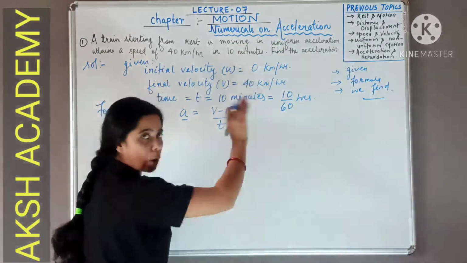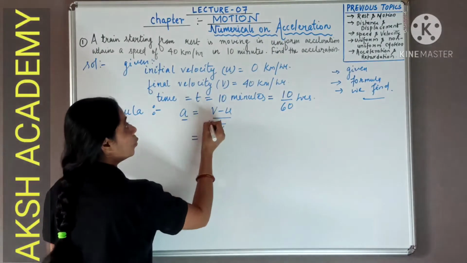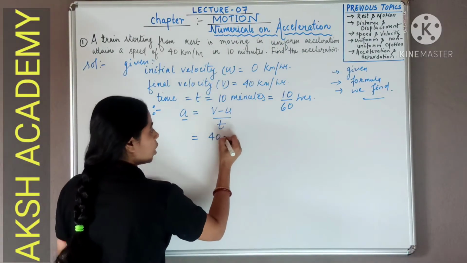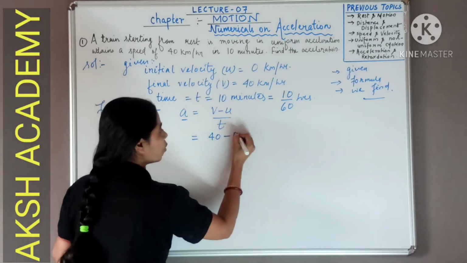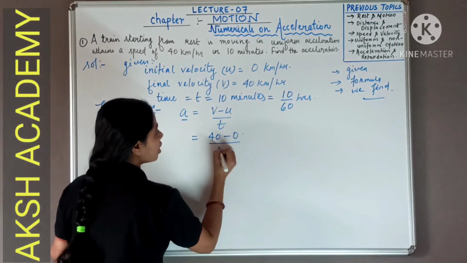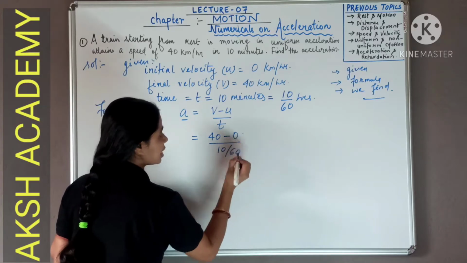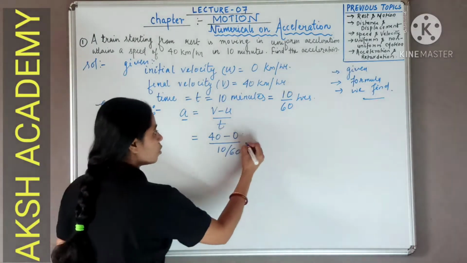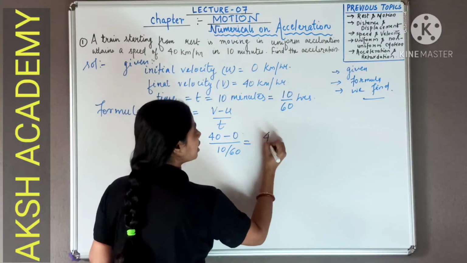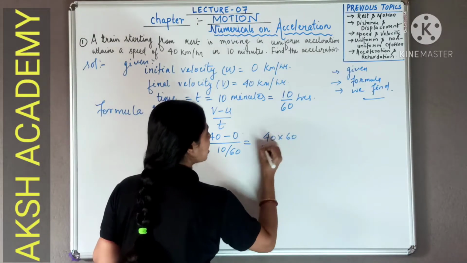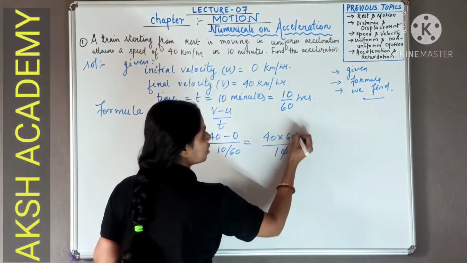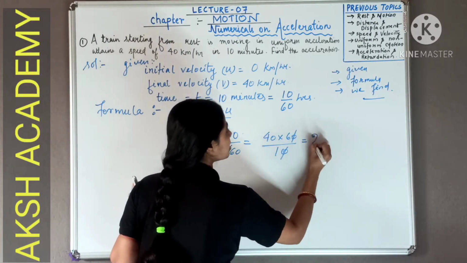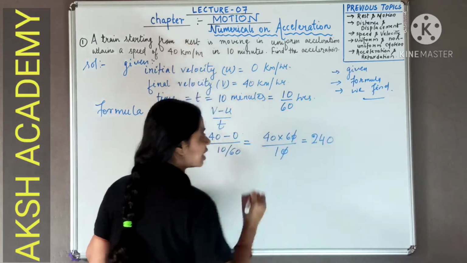Now we have to take all these values. v is 40, u is 0 and the time is 10 by 60. If you want, you can change it into simple form. So it will change to 40 into 60 by 10. The 0s cancel out and this results in 240.